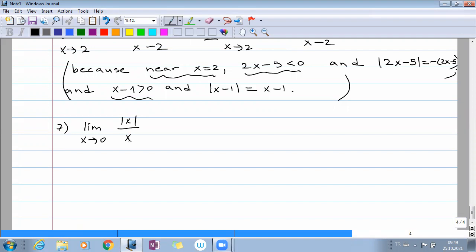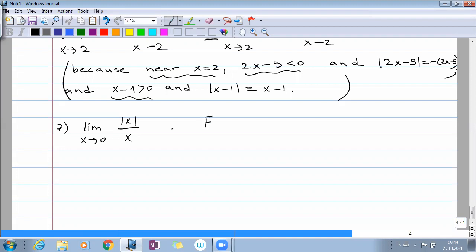Again, we have absolute value. So to be able to evaluate the limit, we have to resolve this absolute value. But absolute value of x depends on whether x is greater than 0 or less than 0.